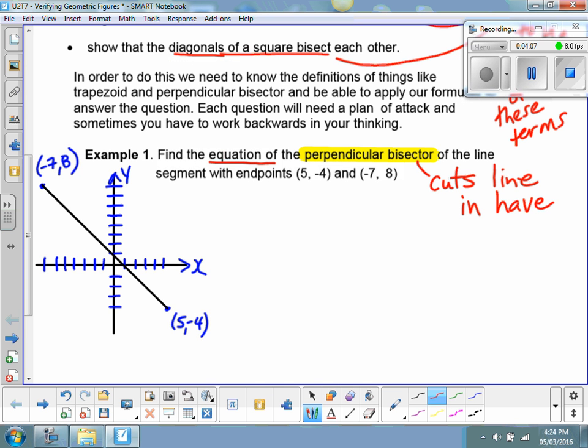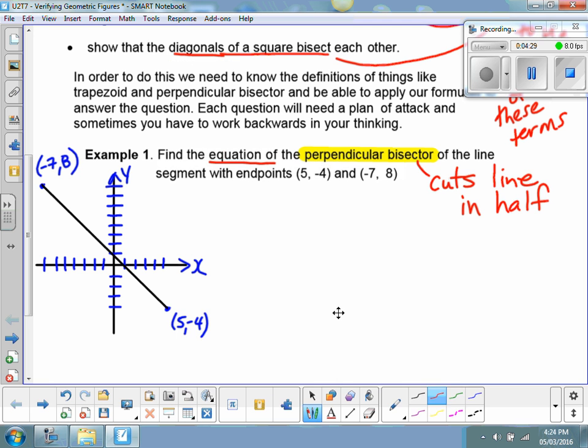If you think about dissecting in science, if you're dissecting a bug or a frog, when you dissect it, you cut it up. When you bisect it, it means you cut it in half.